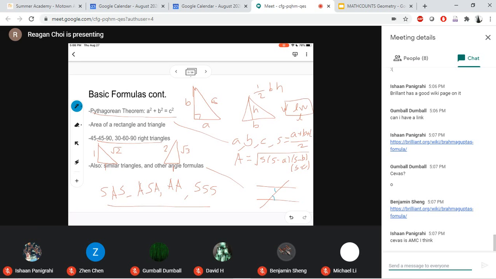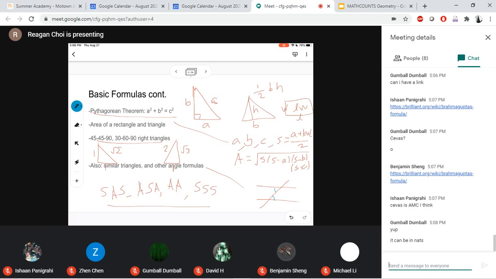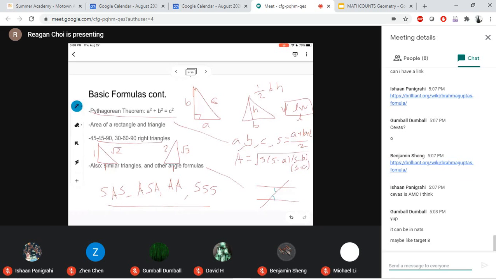It could probably be in a late AMC problem, but I think it may actually be a little advanced for MATHCOUNTS, and it's not in this class. Unfortunately, we don't have time to cover that. Maybe like target 8. I don't think target 8 at Nationals would be something like just application of Ceva's. It would just be like some random problem.